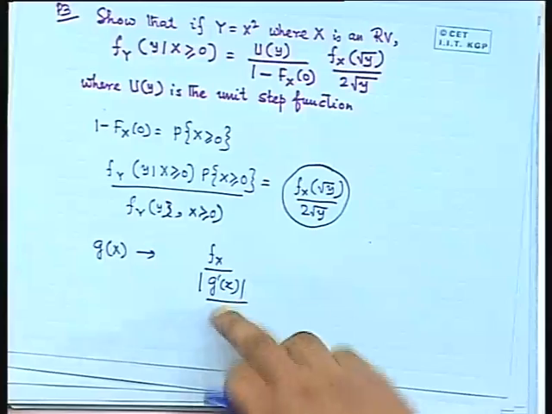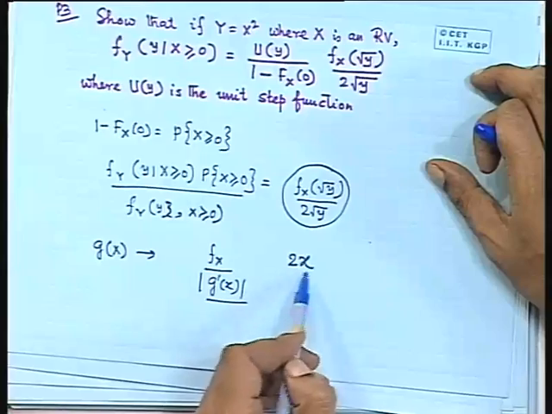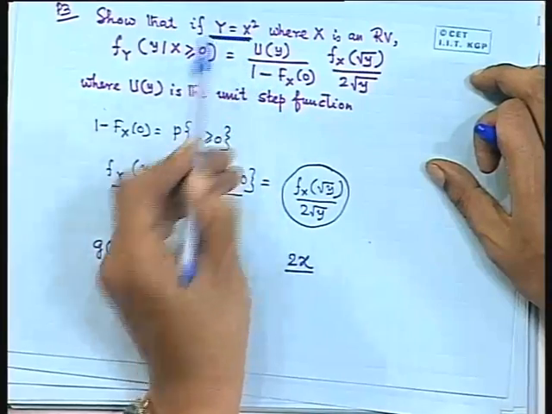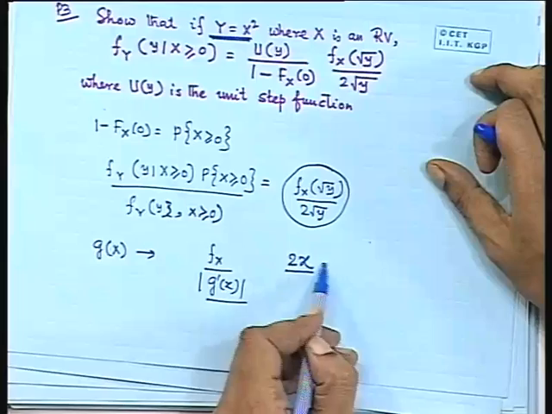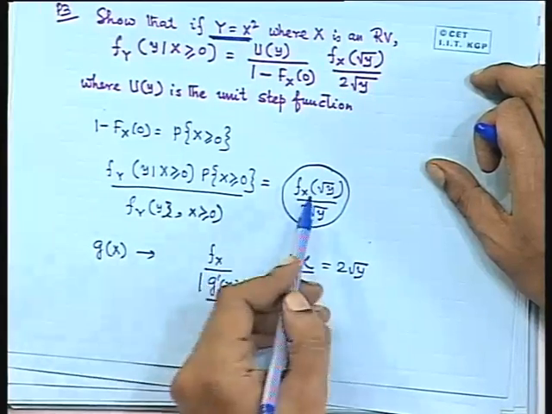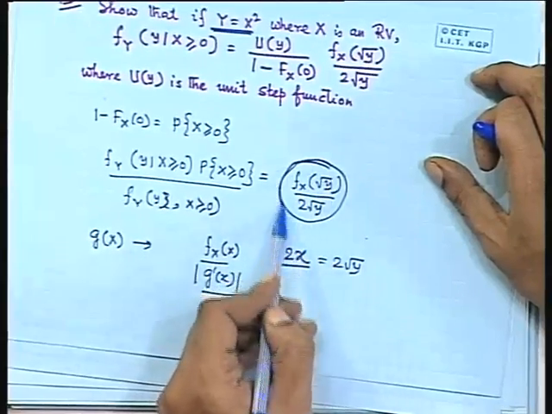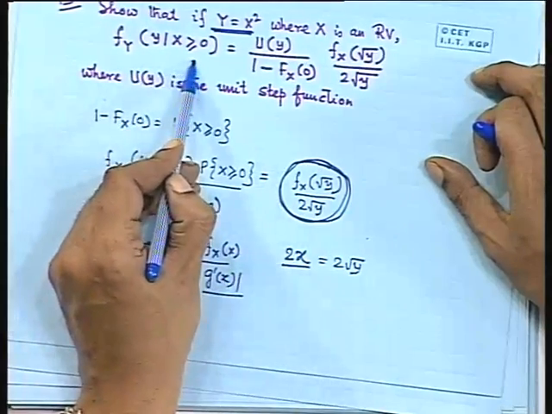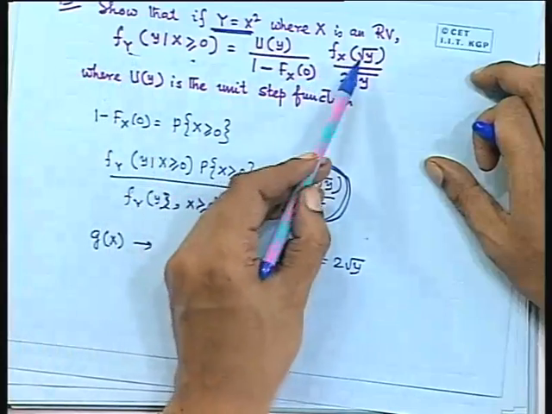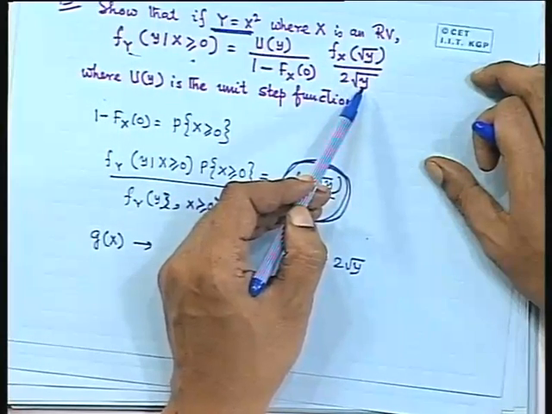So what is g dashed x here? G dashed x is 2x, which is equal to 2 of root y, and what is fx? Fx of x is expressed in terms of y. Since on the left hand side you have y, the same thing is expressed in terms of y rather than in terms of x.